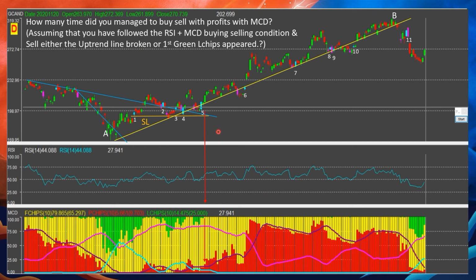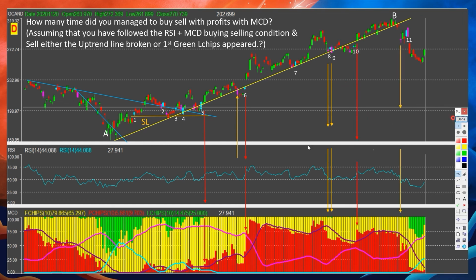Now we have 1, we have 2, 3, 4, either one of these we sold, and 5. All right. So here is 1 buy, 1 sell, 1 time, 1 buy, 1 sell, 2 times, and finally 1 buy, 1 sell, 3 times.